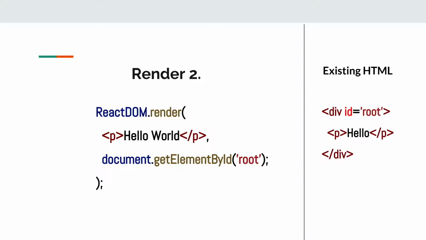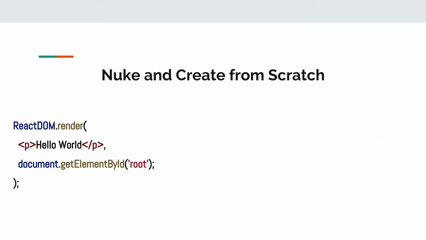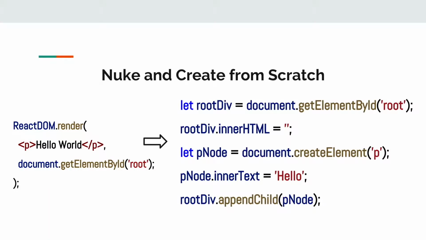Well, given this situation, there are essentially two approaches that the React runtime could take. It could essentially decide to nuke all the content of the root div and then recreate the nodes from scratch. So it would set the root div's inner HTML back to an empty string. Then it would recreate the p node, set the inner text to hello world, and then append that as a child again to the root div.